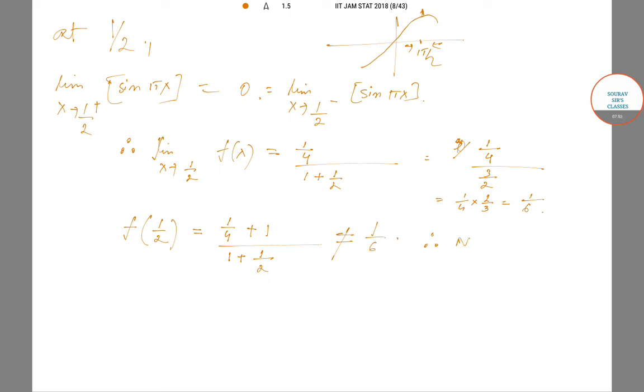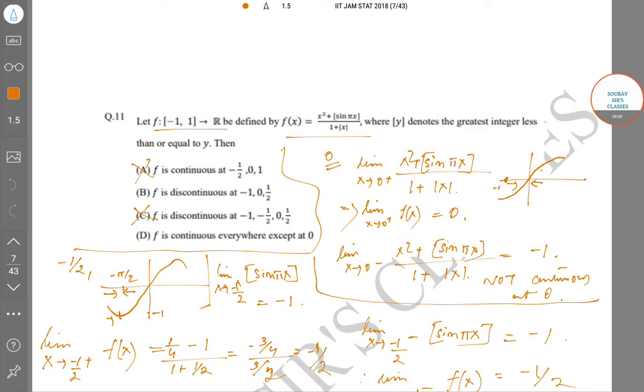Therefore it is discontinuous at half. Therefore what we see from this is D is also a wrong option, and hence F is the correct answer that we can conclude even without checking at minus 1.